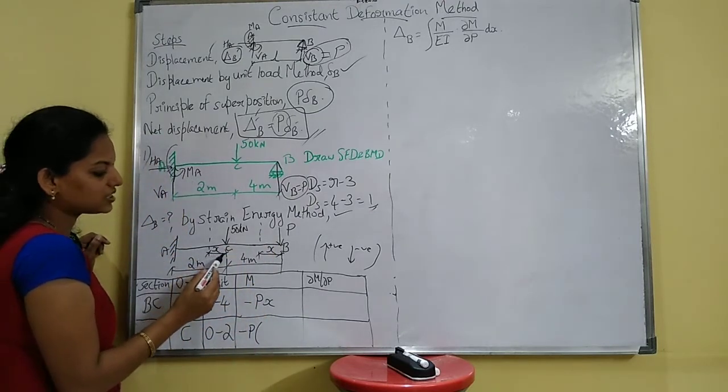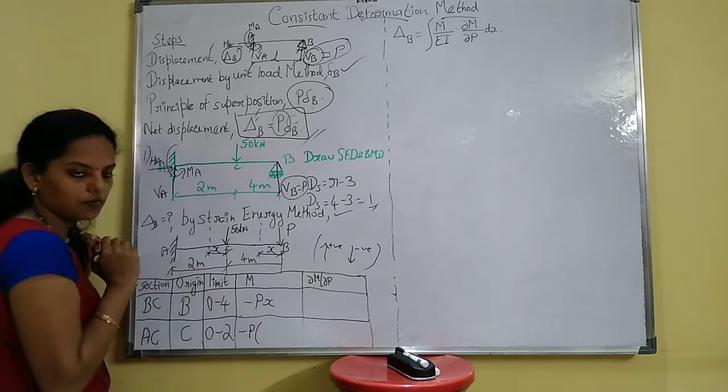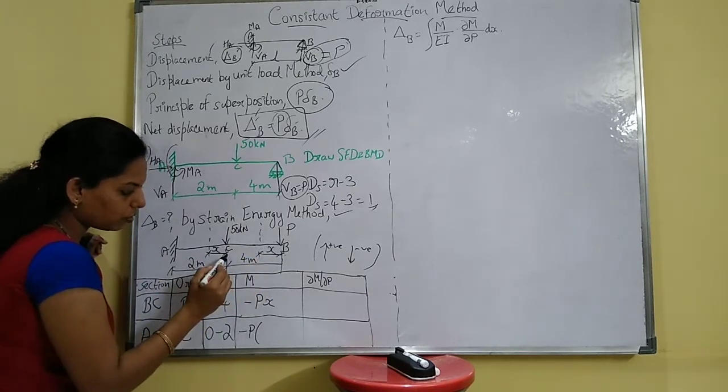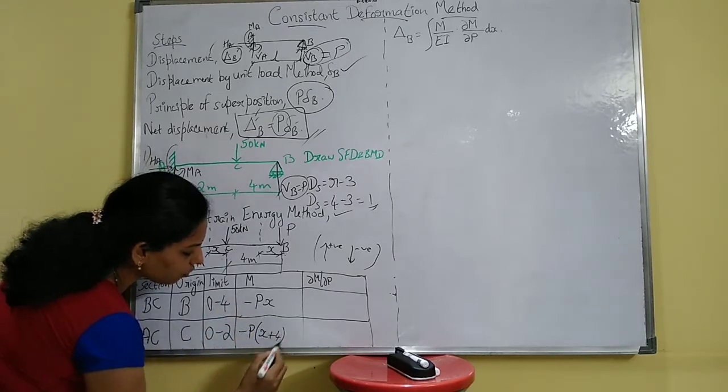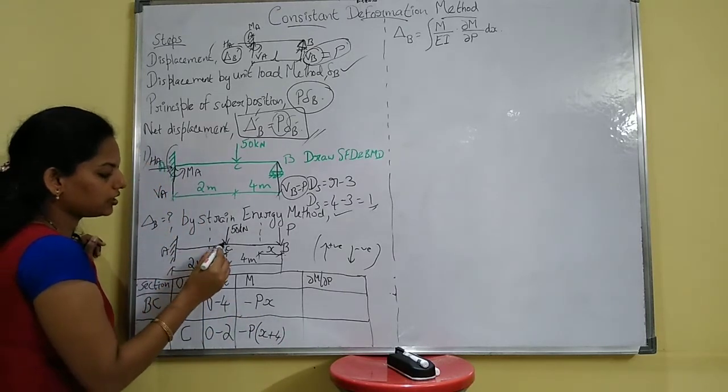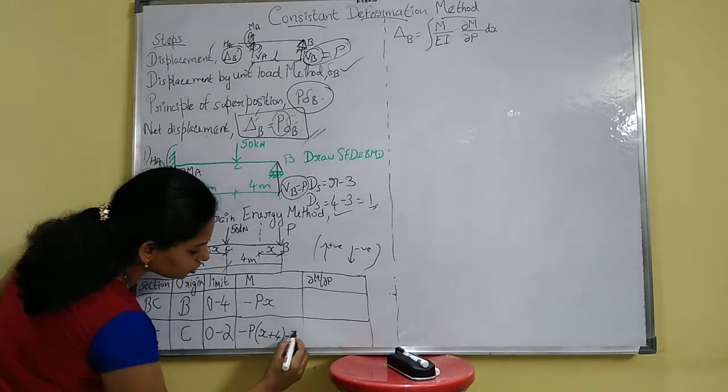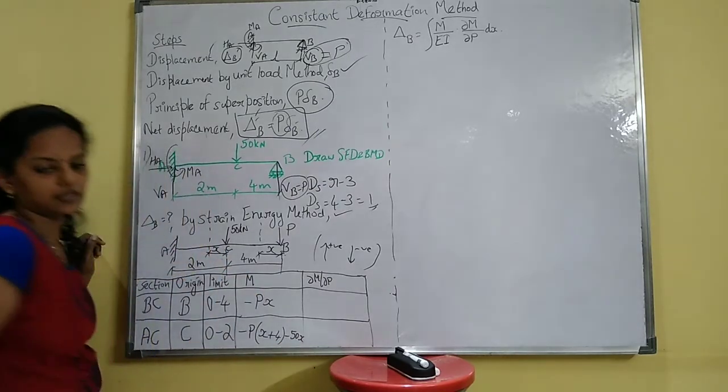You have X plus 4, the total distance up to the section. And you have this 50 kilonewton, which is again downward, so minus 50 into X.